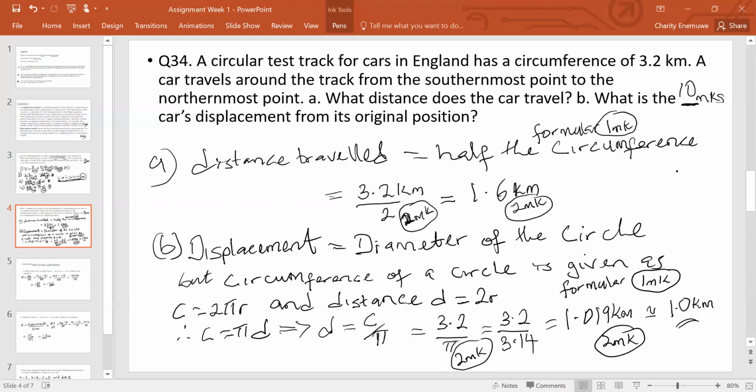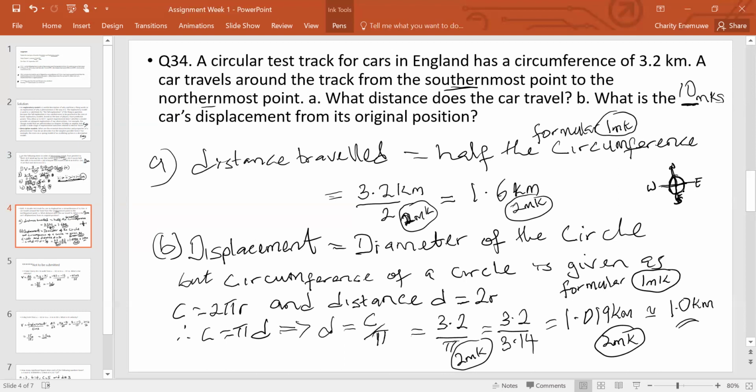So if we picture the scenario described, the test track is circular. Okay, and this is your north, south, east, and west. Now, the car traveled from southmost, that is from the south, to the northmost point.